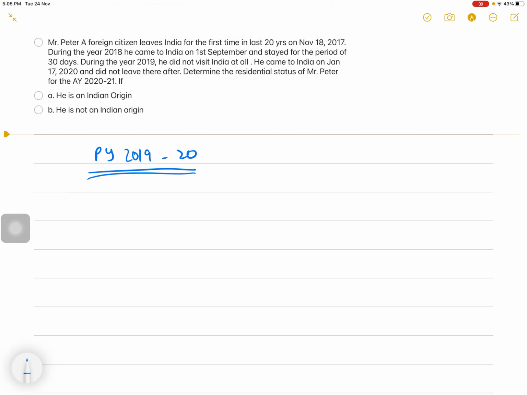Okay, so during the previous year 2019-20, his stay in India was from 17 January 2020 to 31st March 2020, right? So January, till 16th January he was not in India. So 31 minus 16, it comes to 15 days of January.